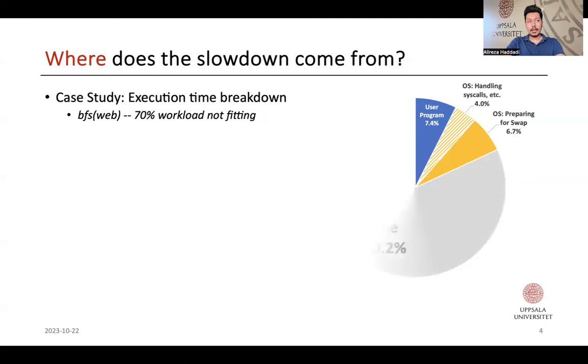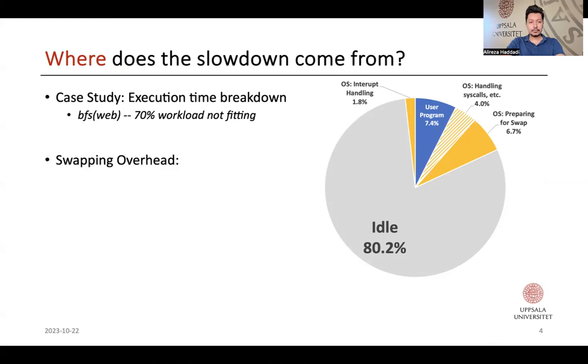And for 80% of the time, the CPUs are doing nothing but idling and waiting for the SSD. And for 1.8% of the time, the operating system handles the interrupts coming from the SSD.